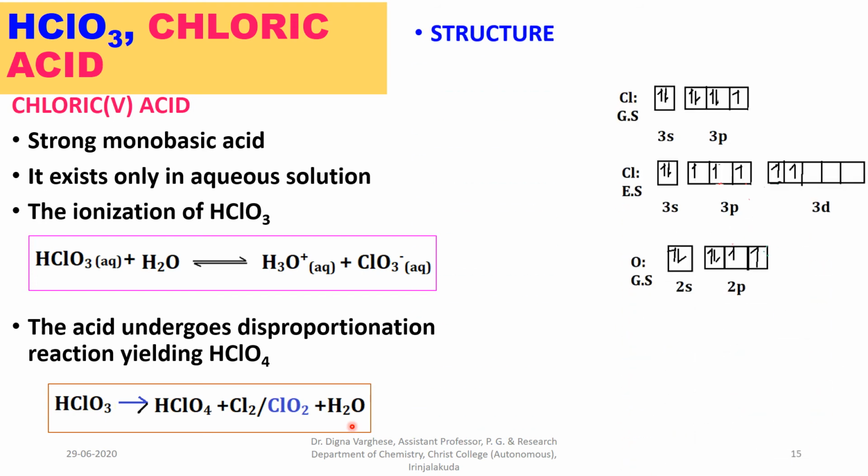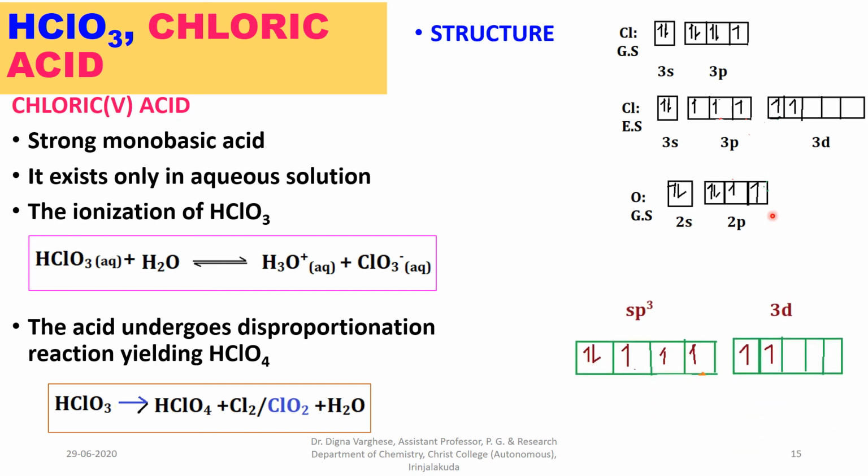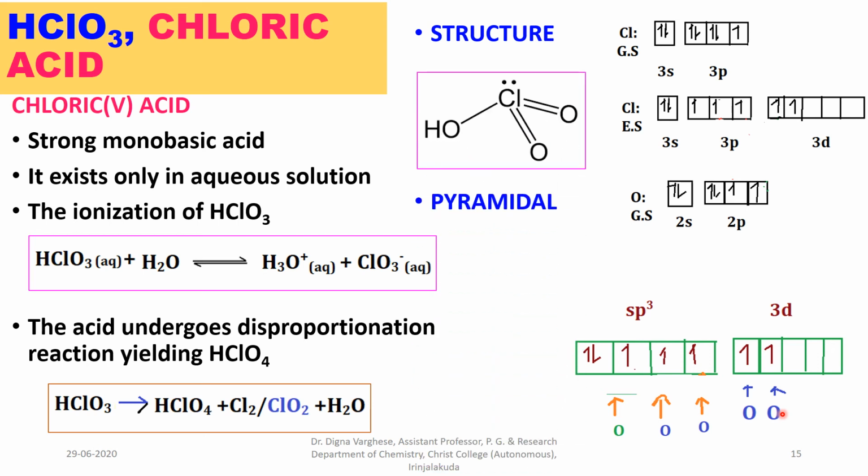And the structure of chloric acid, that is the chlorine ground state is 3s2 3p5, chlorine excited state is 3s2 3p3 3d2, and the oxygen atom has 2s2 2p4, and the hybridized state is sp3 having 1 lone pair, and it is connected to 3 oxygen atoms forming 3 sigma bonds, and the unhybridized 3d orbitals undergo sidewise overlapping with 2 oxygen atoms forming d pi p pi bonds, and the structure is pyramidal.